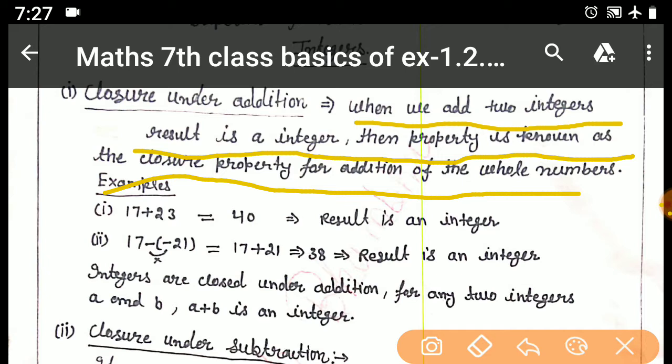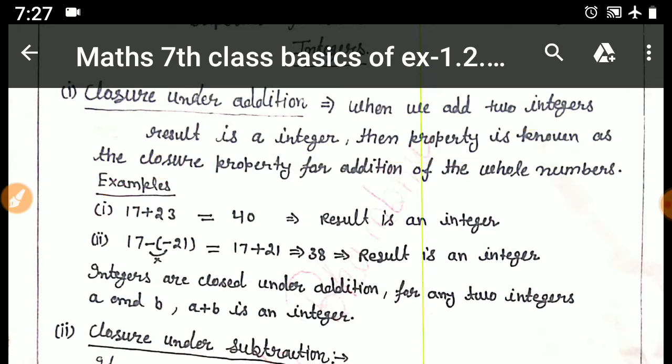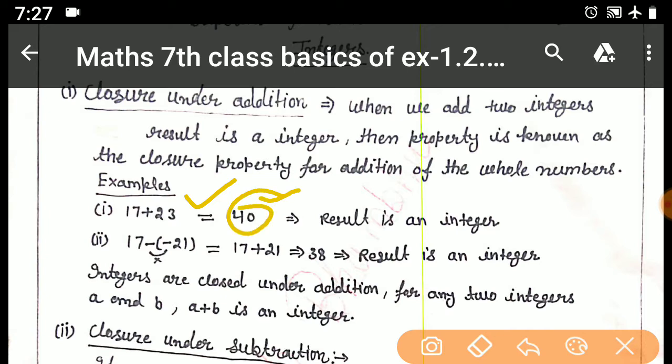Let me take some examples. First of all, 17 plus 23. These both are integers, and the sum of these numbers is 40, which is also an integer. So this is closure under addition.